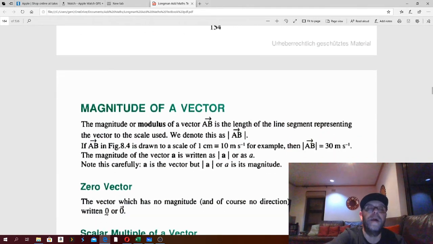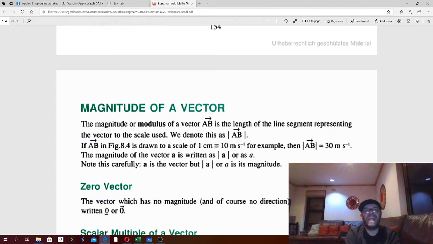So now we're going to talk about the magnitude of a vector, okay? All right, so the magnitude just refers to the size of the vector. Another word that they often use, and don't confuse this, even though it's the same word that you've seen before, when we used the word modulus, we meant positive. Now, in vectors, we also talk about magnitude being a modulus because it is really a positive value.